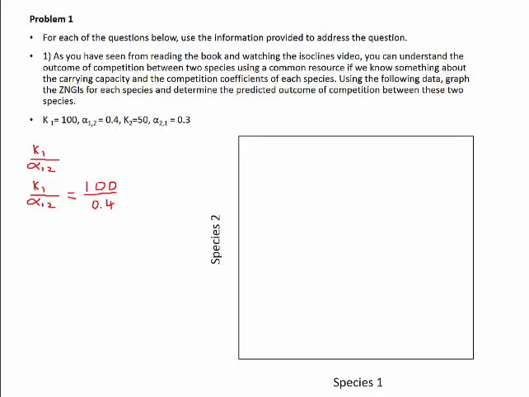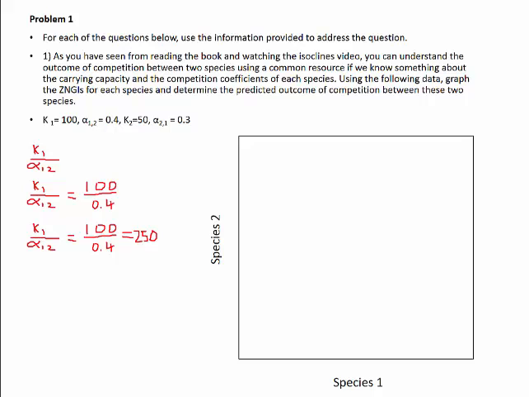So if we do the math, we divide 0.4 into 100, and what do we get? We get a big number, right? We're dividing a big number by a very small number. We get 250. So that tells us right there that on our y-axis, we're going to have to connect the Zingi for species 1 all the way up to 250.